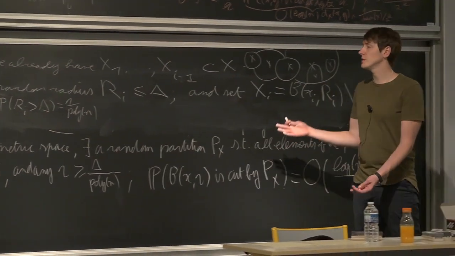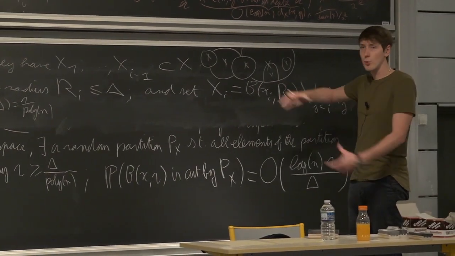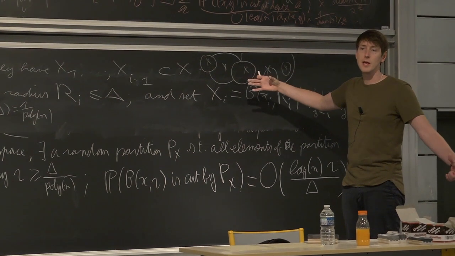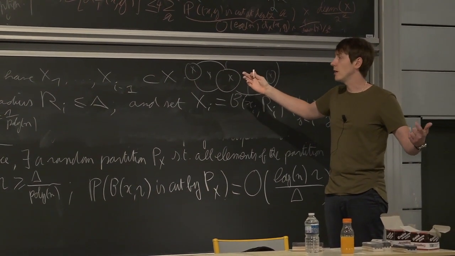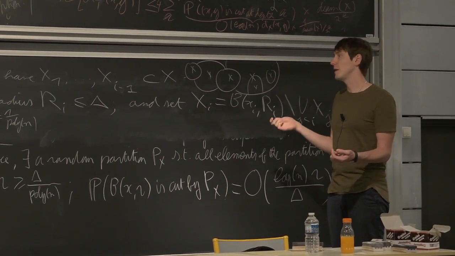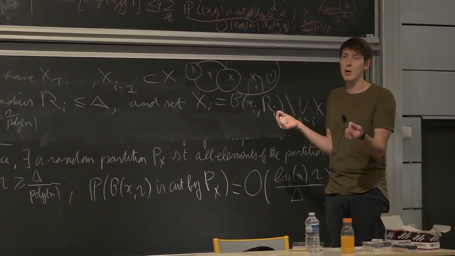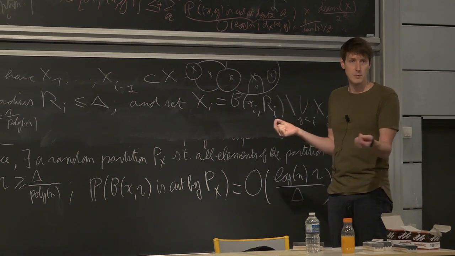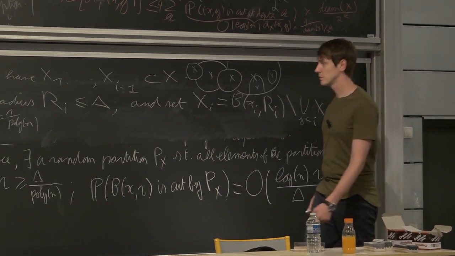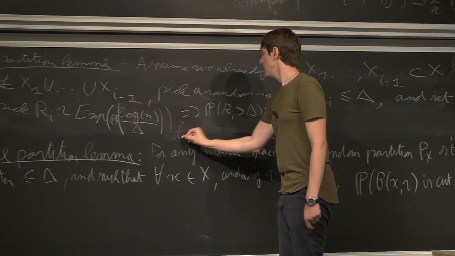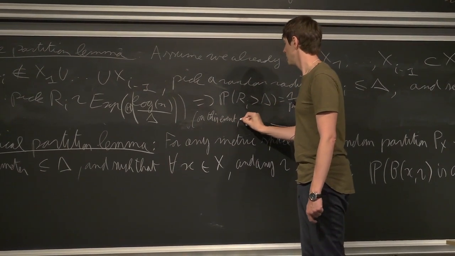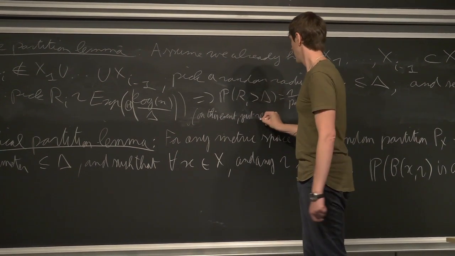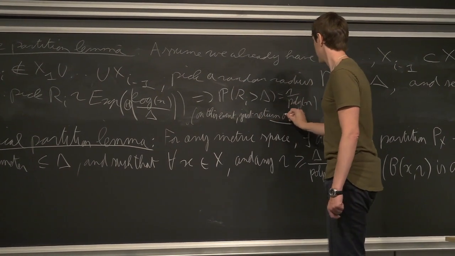Okay, and if this happens, if at some point one of your balls grows too big, then you can say you just enter some failure mode, and you say, okay, then I give up and I assign every point to a singleton. I mean, my partition is just all singletons. So say on this event, just return all singletons.